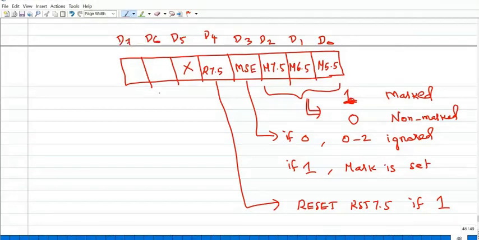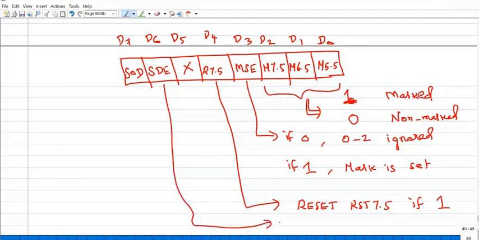So D6, D7 is used for supporting the serial data transmission: SDE, SOD. Please remember serial data enable.